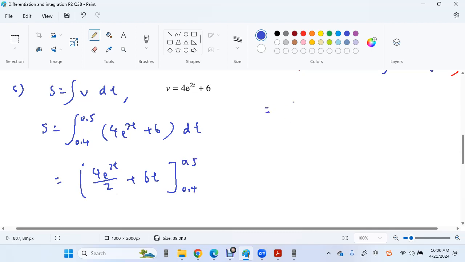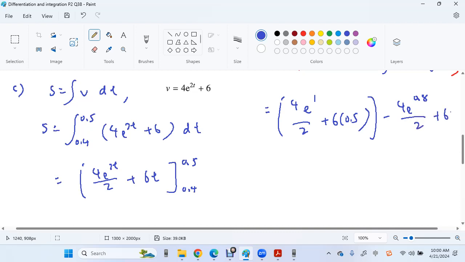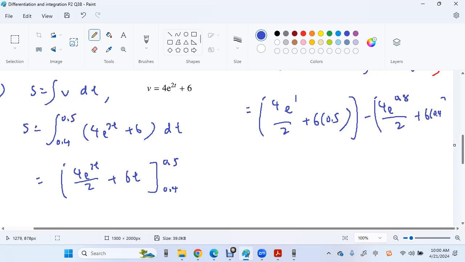So it will become 4e^1 over 2 plus 6 times 0.5, minus 4e^0.8 divided by 2 plus 6 times 0.4.